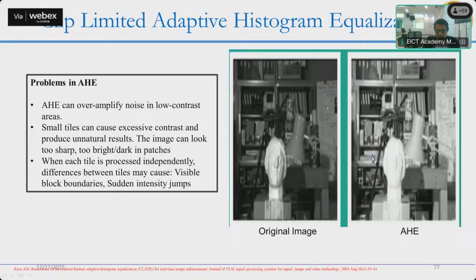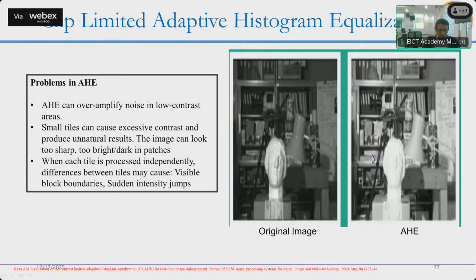But as soon as we applied adaptive histogram equalization, the image has become a bit clearer, but too bright. The detail of this sculpture that was visible in the original, I am not able to observe here.